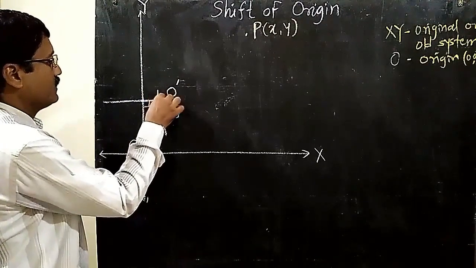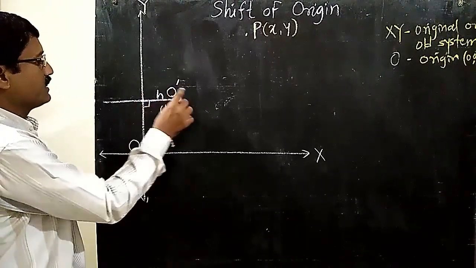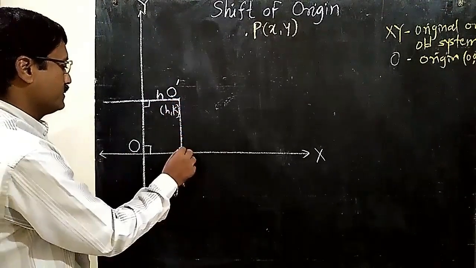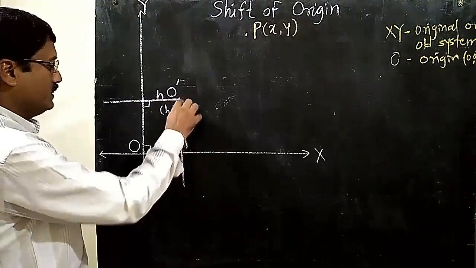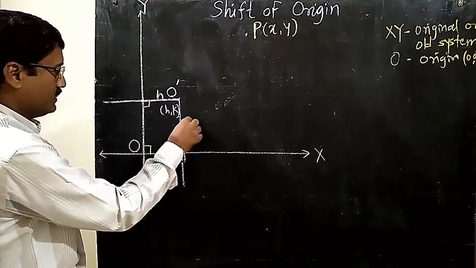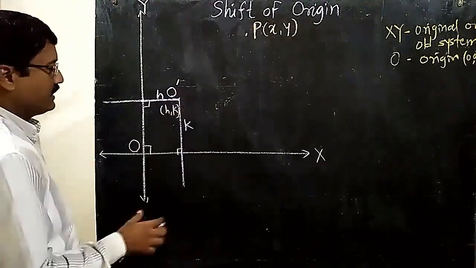So this is h, the distance of point from y axis, and if you draw perpendicular from the same point on x axis, then the length of the perpendicular is nothing but its y coordinate, that is k. So this distance is h, this distance is k.